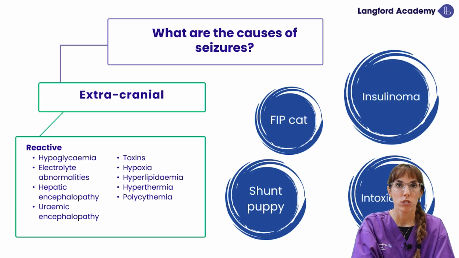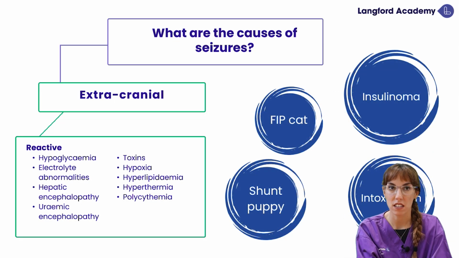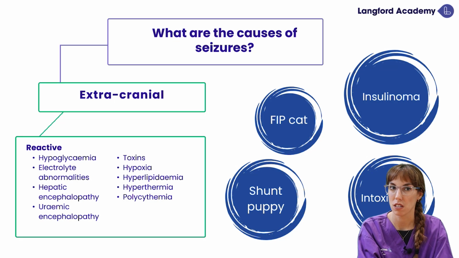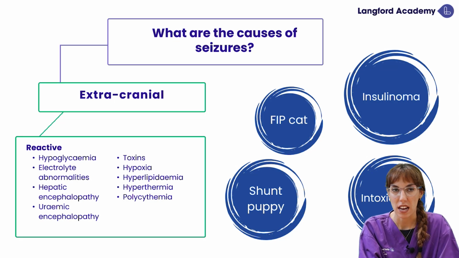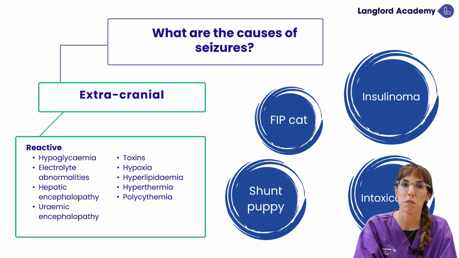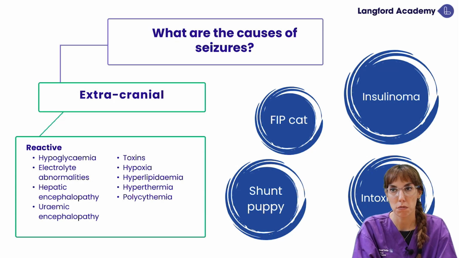So what are the causes of seizures? I guess there is some blood work you want to start doing in your patients. A hematology is going to be useful to maybe assess your PCV, packed cell volume. And then your biochemistry is going to be useful to evaluate your electrolytes, your liver enzymes. And if you can do an ammonia, that would be quite helpful as well.